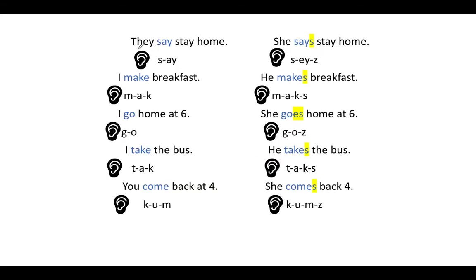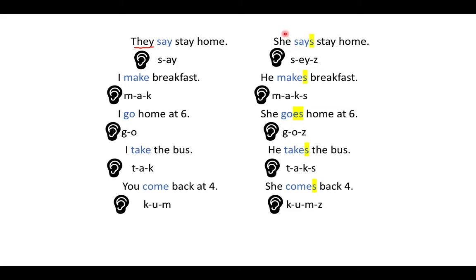So for this next part, we're going to practice a little bit. If we have the sentence, they say stay home, it says they, so the verb is just say. We pronounce that as s-a. That one's really easy. They say stay home.